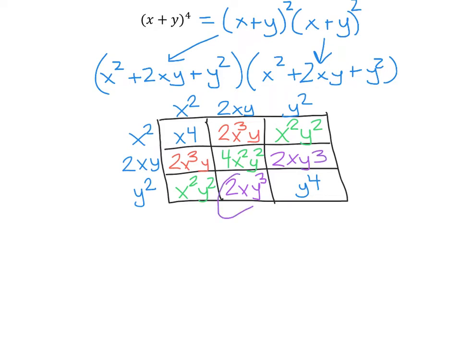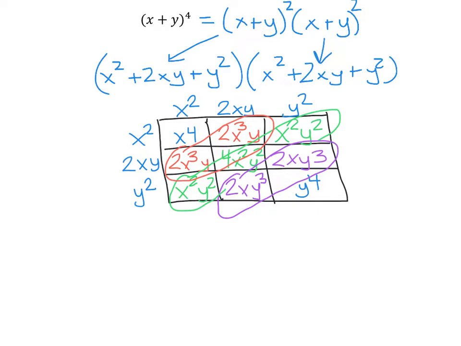So we can see our like terms always when we use the box method. You're going to see your like terms on the diagonals. So we've got these like terms we could combine, and these like terms we could combine. Let's start writing down what we have as a result. I'll put it in black.